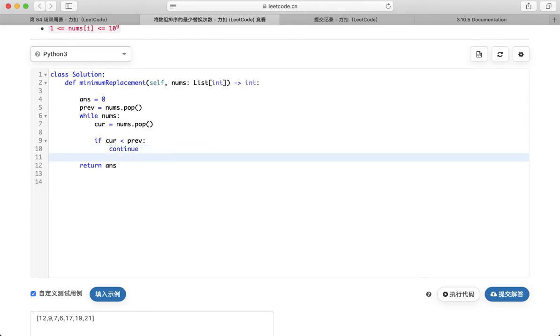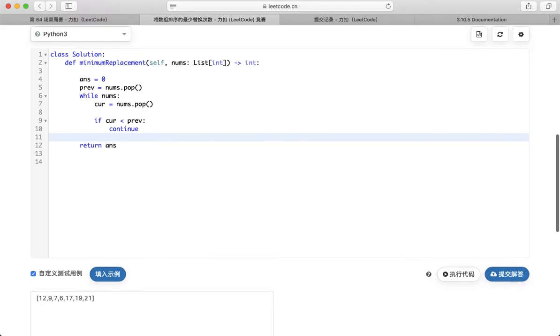Otherwise, we divide it evenly. And the last one is the rounded down number.